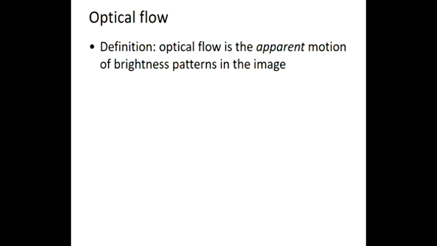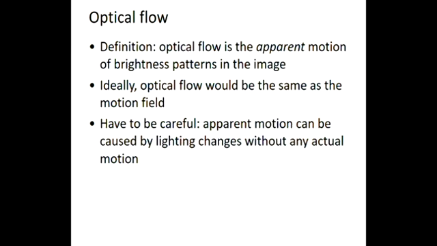Optical flow is actually still not that motion. Optical flow is the apparent motion of brightness patches in the image. It's where the pixels with the same intensity go from frame to frame. To see how that's different, imagine a shadow moving across the wall. We'll have optical flow where the shadow boundary is moving, even though there's no motion of the object itself.